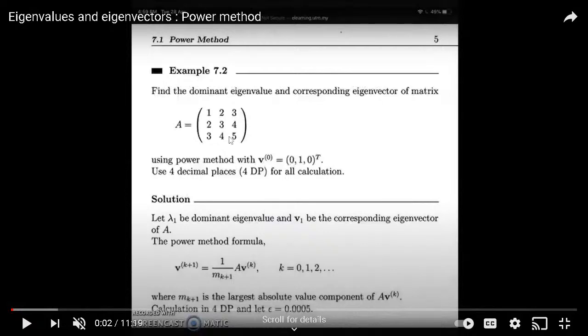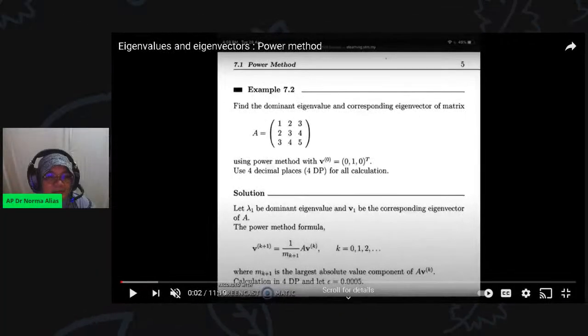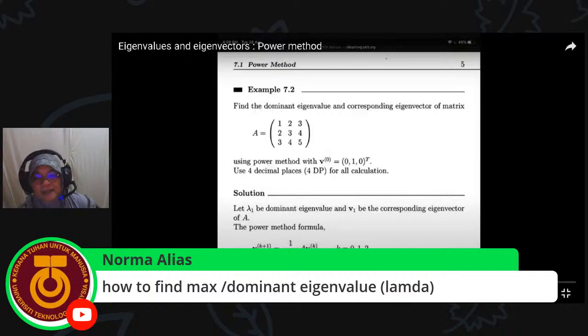There are three lambda, and we want to find the maximum, sometimes called the dominant eigenvalue, or lambda one.